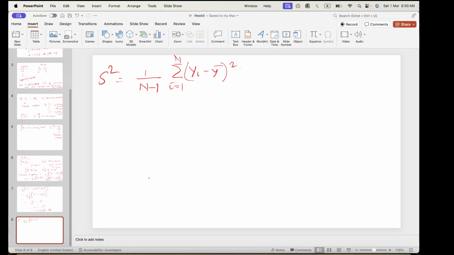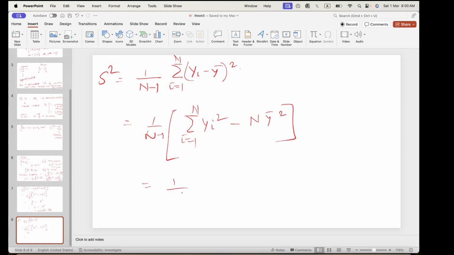So this, if we again expand, will be 1 by N minus 1 summation i equal to 1 to N Yi square minus N Y bar square.